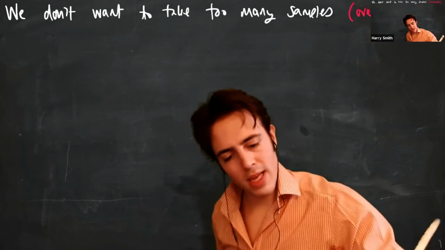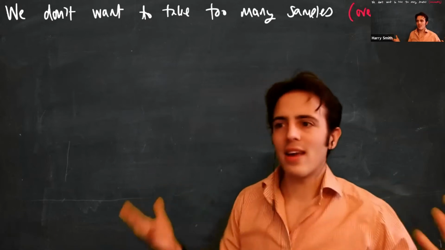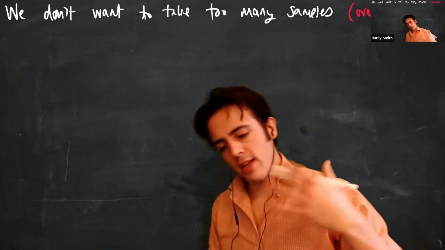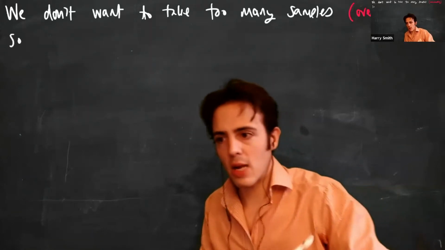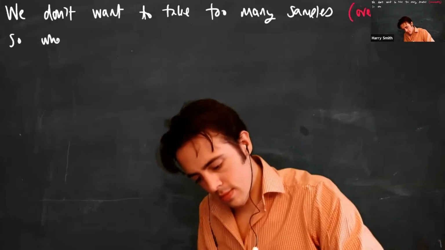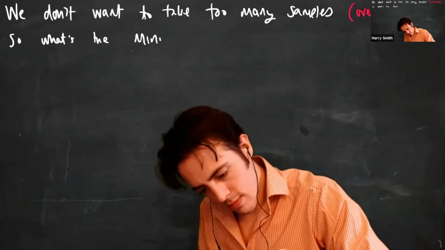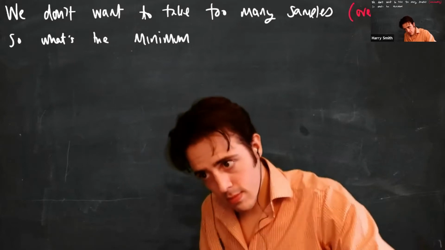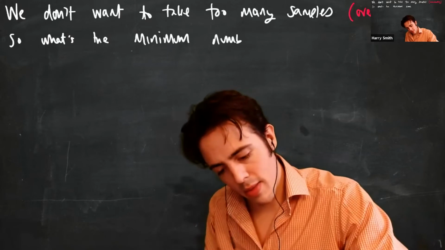And oversampling isn't necessarily a bad thing per se, but it's just too much data to record. So what's the minimum number we can get away with? I'm going to ask you to answer this in a second, Mr. Bourne. That sounds good.